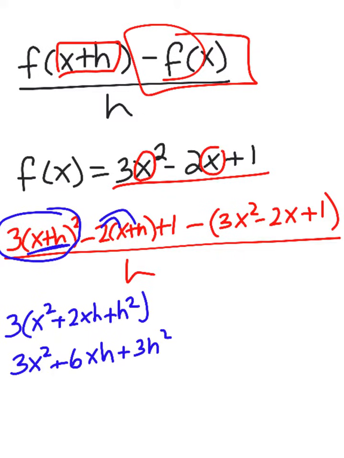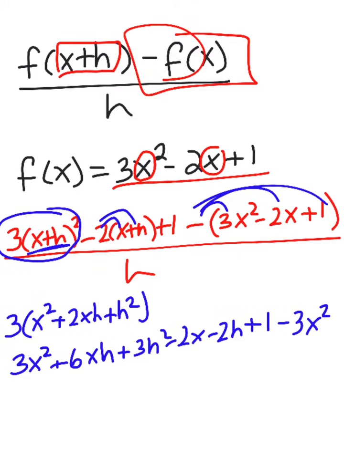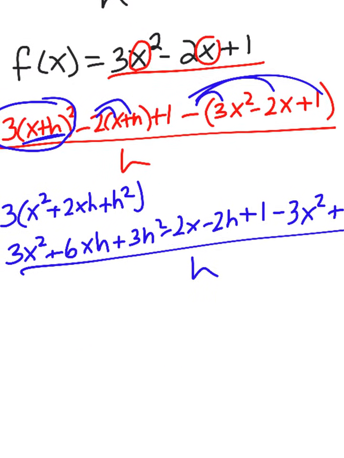Now I'm going to distribute the negative 2, so it's minus 2x minus 2h plus 1. Now distribute the negative to the f of x, so it's minus 3x squared plus 2x minus 1 all over h. Sorry, it kind of went on a diagonal there.